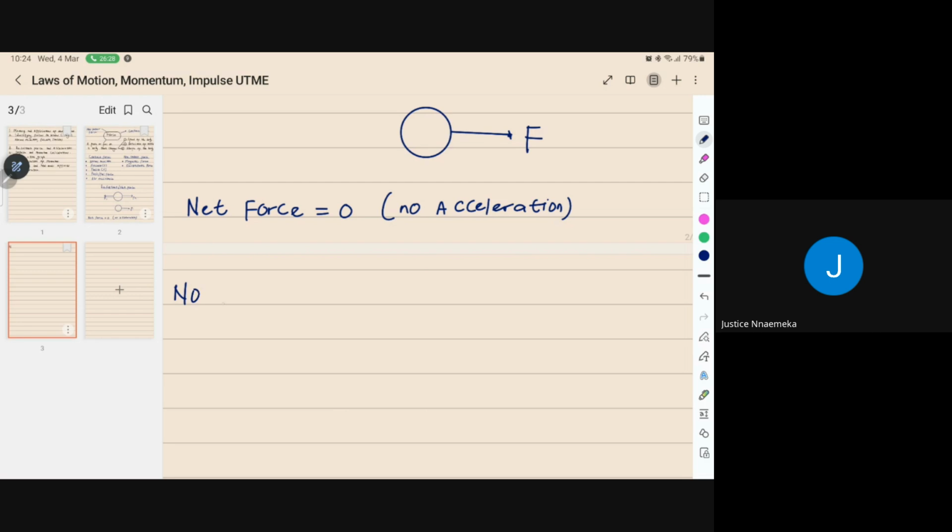And no acceleration implies what? Constant velocity. Remember the constant velocity on our graph is that horizontal straight line. We say that's constant velocity on our velocity-time graph. Constant velocity or the body is at rest.